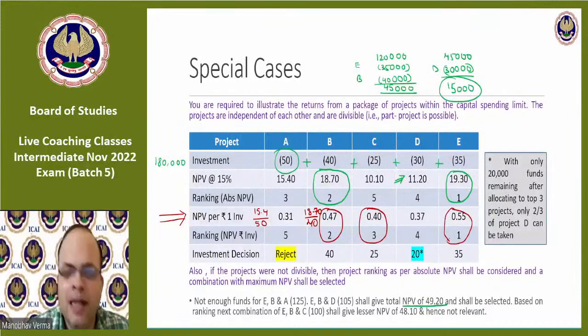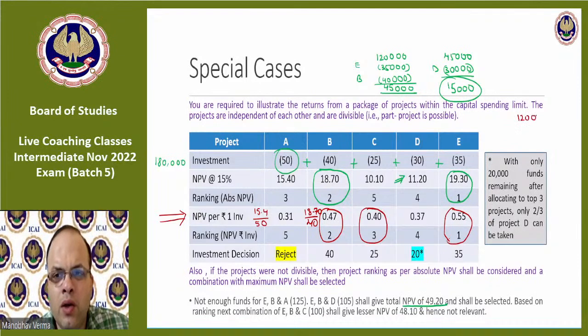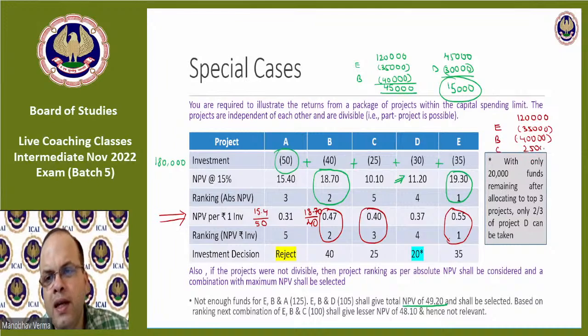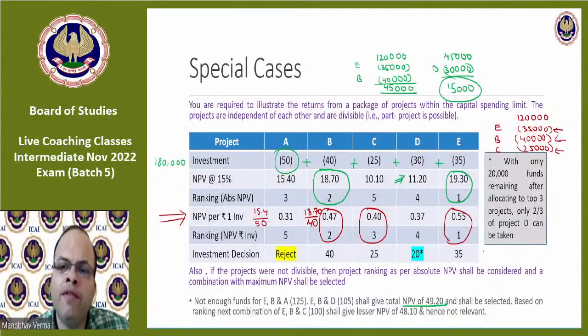The interesting part is, if I'm going with this 1,20,000 and the projects are divisible, I take E, which is 35. I then take project B, 40,000. And then finally, I took project C also with 25. Yes, it is very evident that I am left with 20,000 and project D has 30,000 as its requirement.